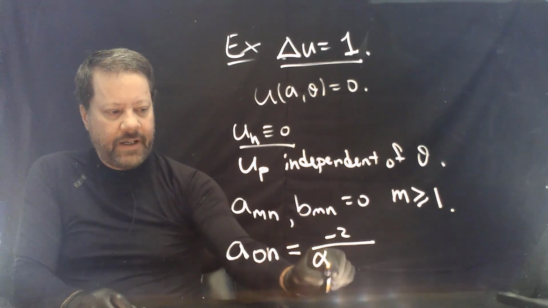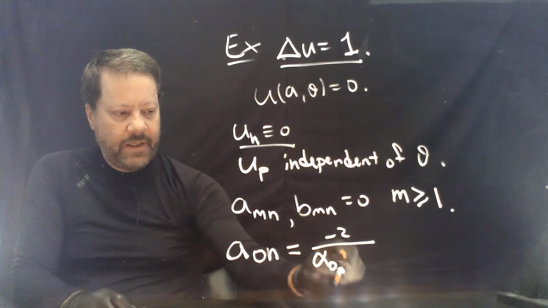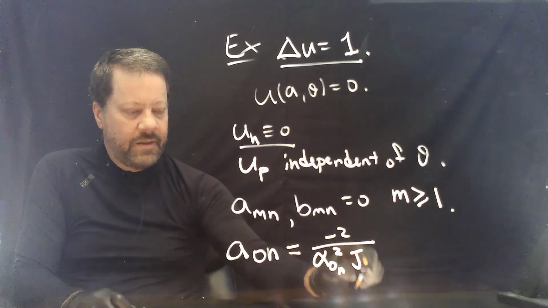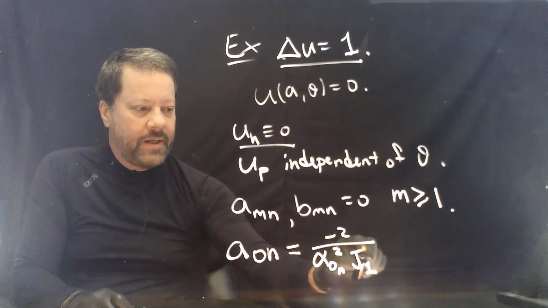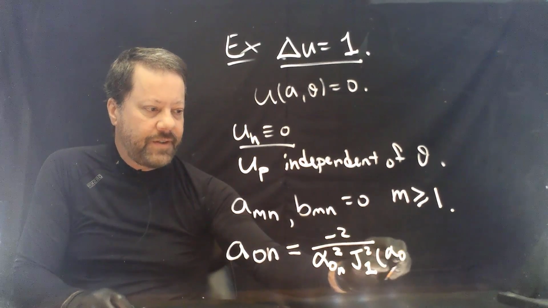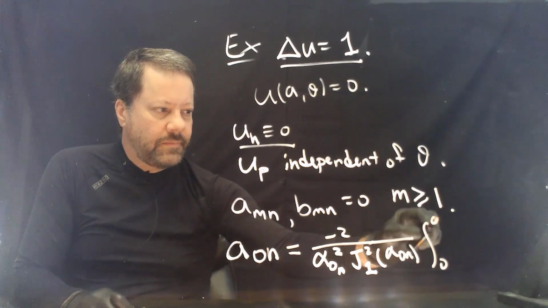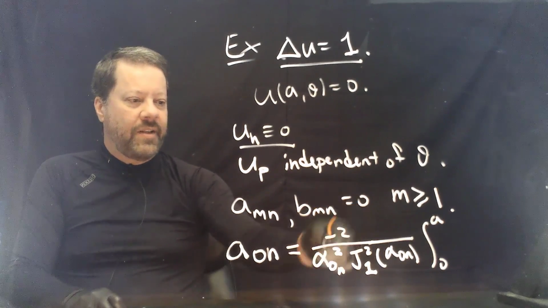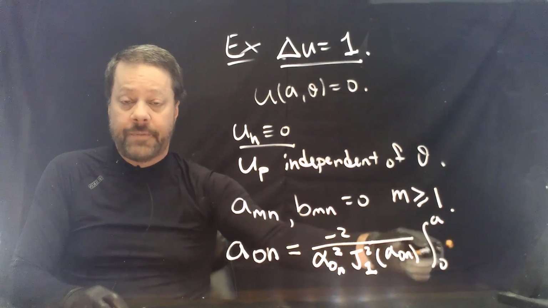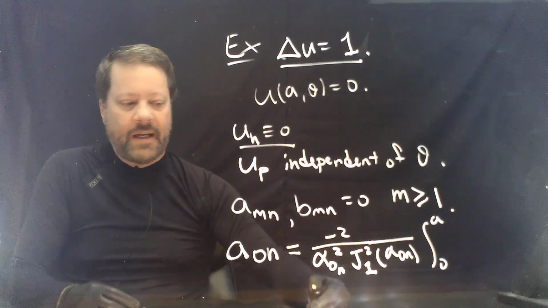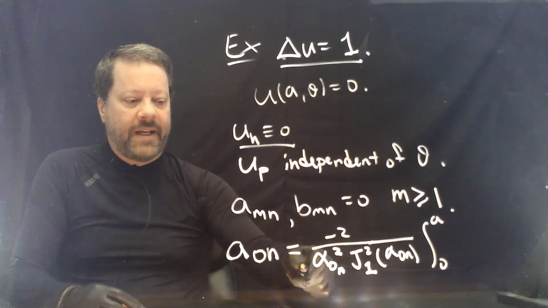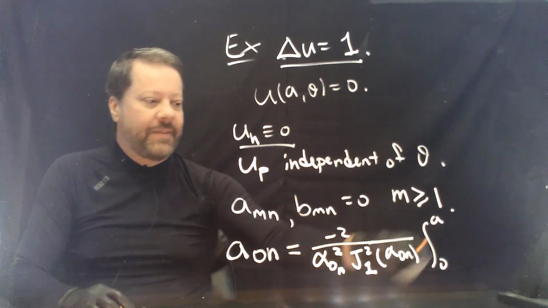Negative 2 over alpha_0n squared J_1 squared of alpha_0n, you can see that the 2 comes from the integral from 0 to 2 pi being just 2 pi. That's where the 2 comes from, and it cancels the pi that was in the denominator.